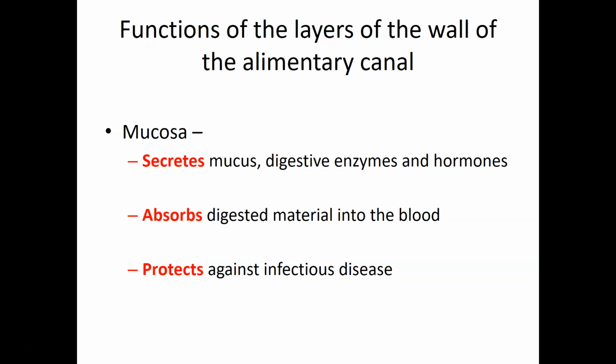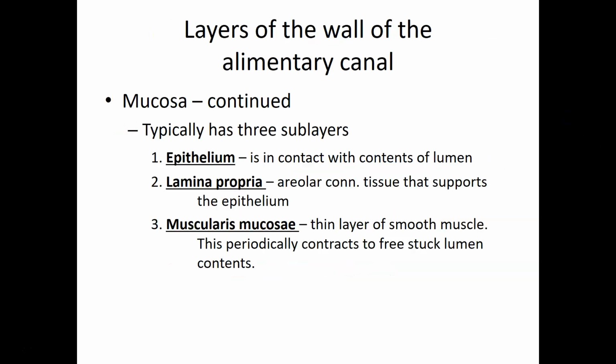Or diarrhea actually is a protective function as well, which speeds transit of harmful substances through the digestive tract. These are the 3 sublayers of the mucosal layer: innermost epithelium, the lamina propria, which is a loose connective tissue supporting the epithelium, and a thin muscularis mucosae, which is surrounding the lamina propria.